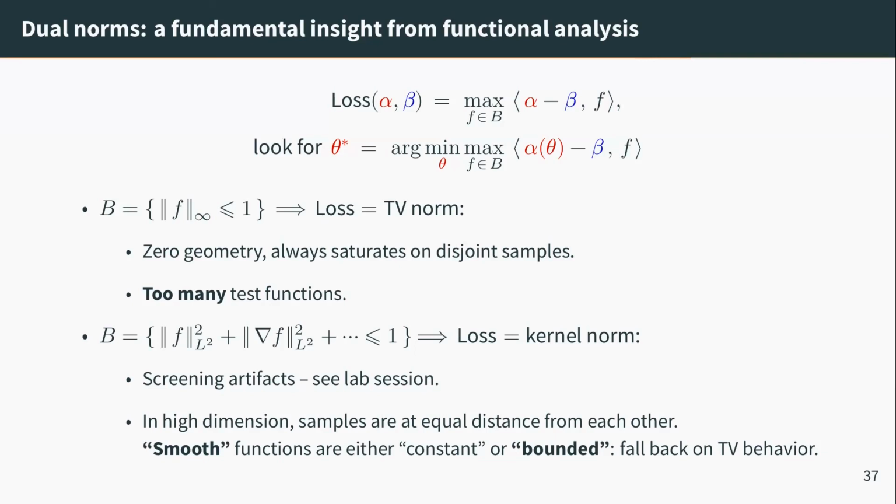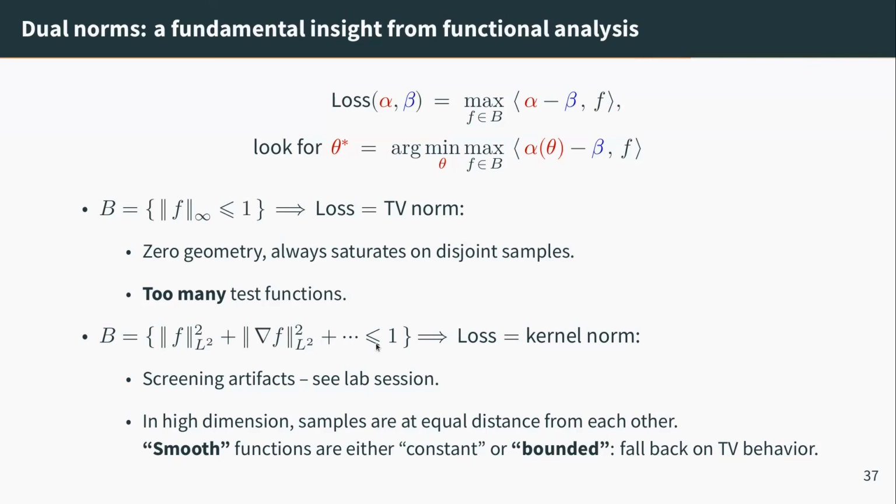Now, for instance, one main way of doing that is to consider Sobolev norms. So you consider the set of functions that are squared integrable and such that their gradient is squared integrable. And so you look at functions such that the integral of f squared plus the integral of gradient of f squared, plus maybe other derivatives, is smaller than 1.